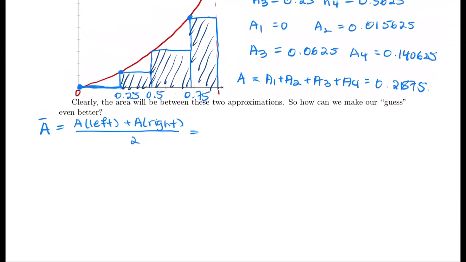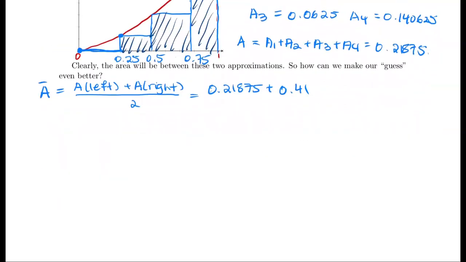So the left edge we said was 0.21875 plus 0.46875, the area that we calculated, all divided by 2. If we calculate this value, what we should get is approximately 0.34375, which is actually a pretty good approximation.